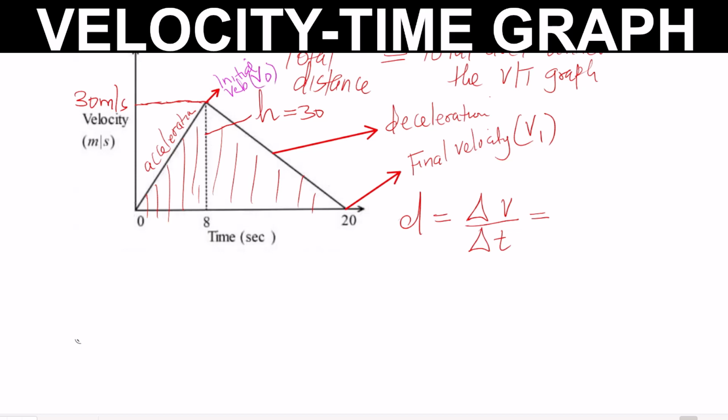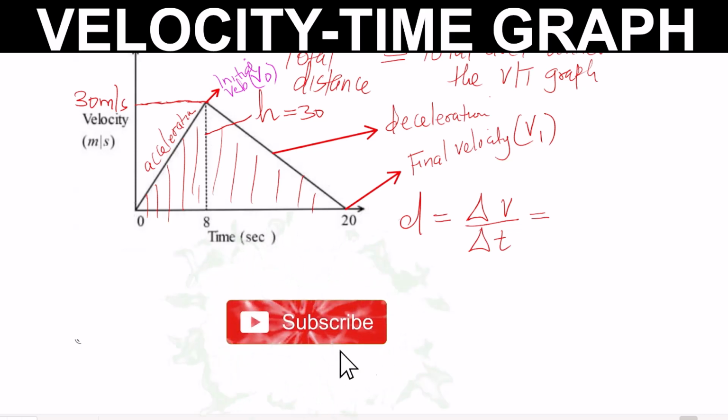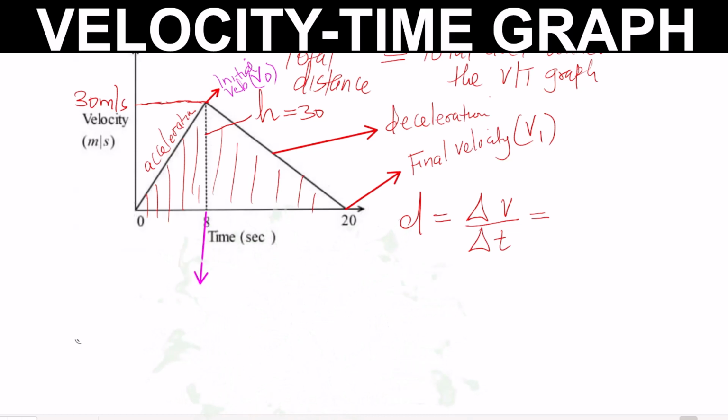Then the time is on the x-axis. Look at the time on the x-axis. We are considering this part where it reduced the speed. So this is from 8, and this will be the initial time. We'll let this one be t0. Then this is the final time.